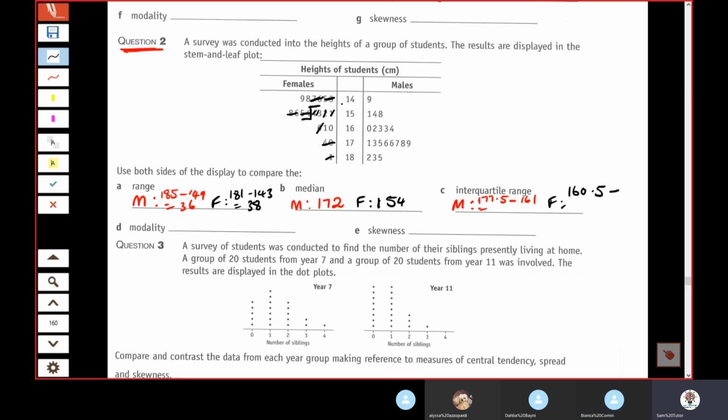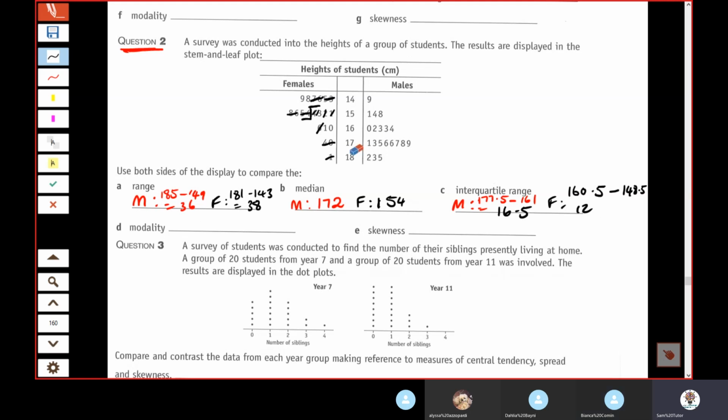So you're between 148 and 149, which is 148.5. So I can definitely see some serious mistakes happening here, which means you will have to focus on this as well. Interquartile range is 16.5 and 12.